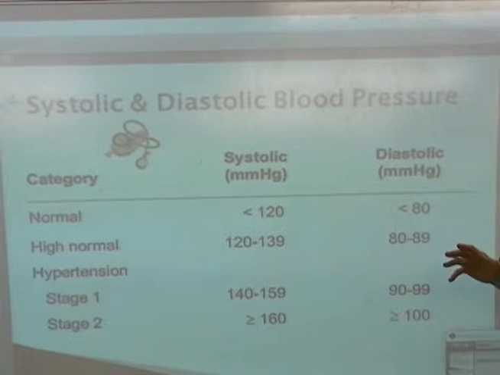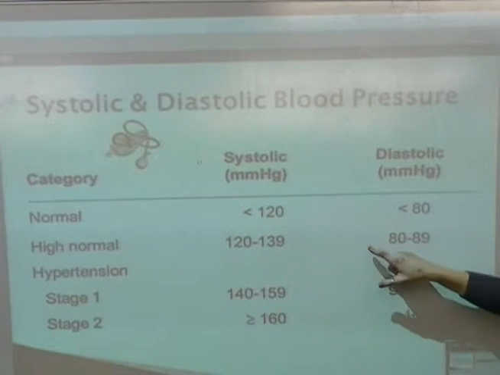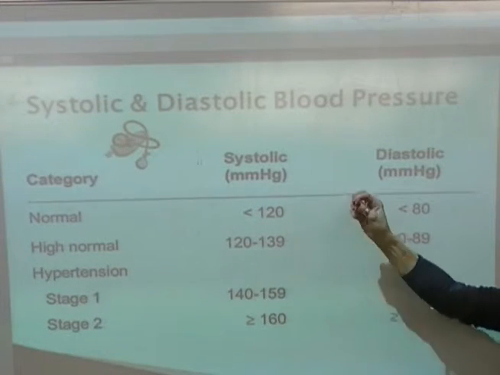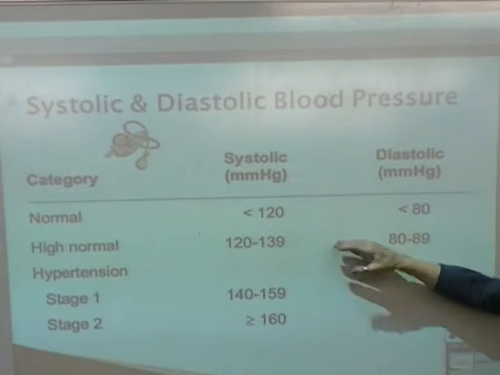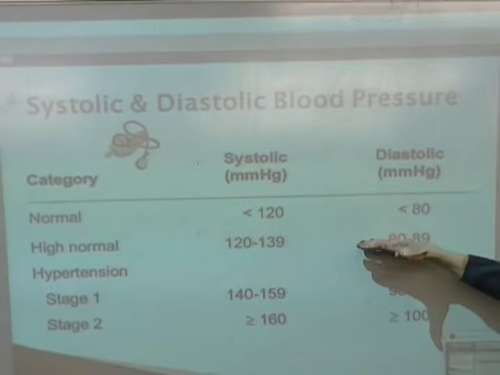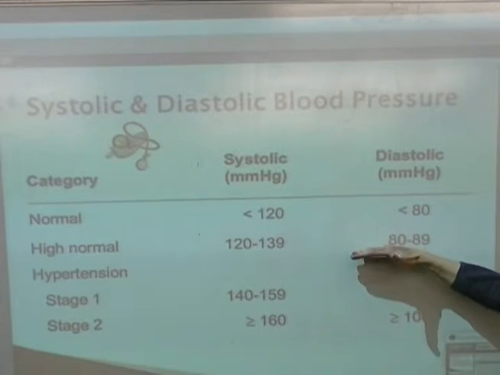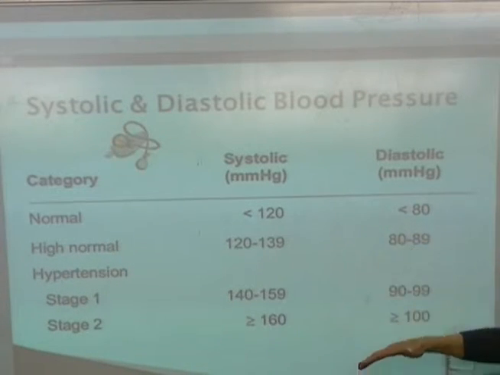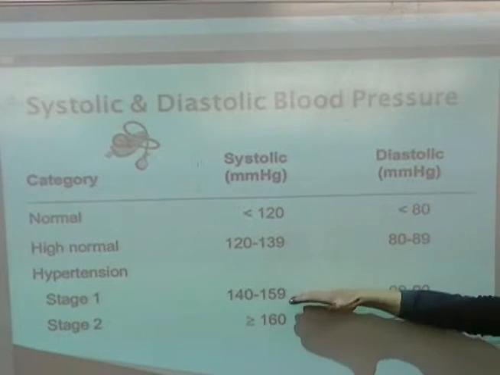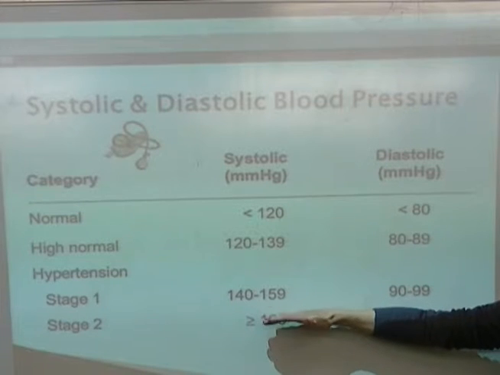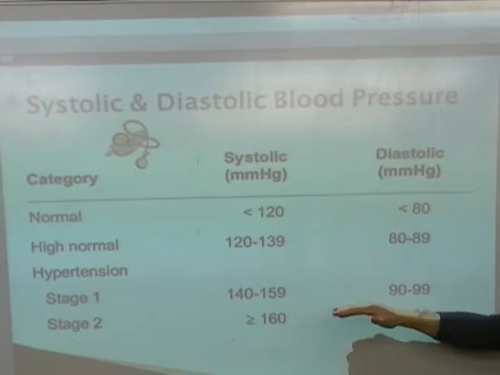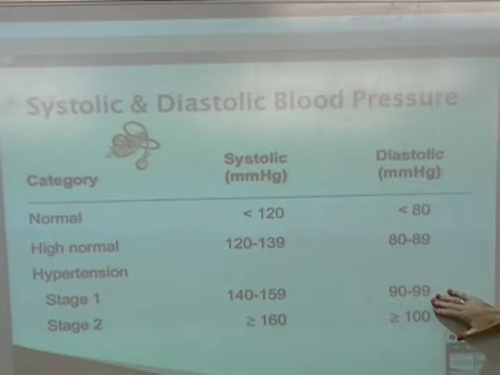And you'll often see high normal called pre-hypertensive, right? Depending on what you're reading, because they want to pick this up as quickly as possible before it gets worse, all right? So our level 1 hypertension, moderate hypertension, 140 to 159 over 90 to 99.